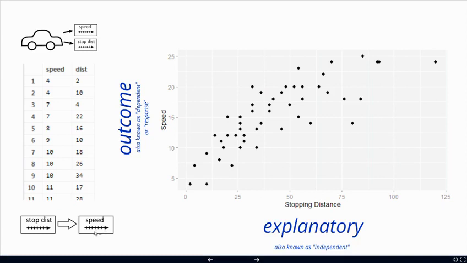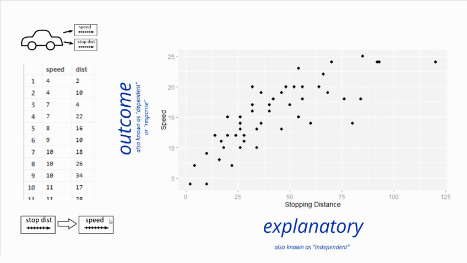Because the speed is the outcome of my calculation, it's now my dependent variable, the outcome variable. So just because the stopping distance doesn't cause the speed to be higher doesn't mean that you can't use it as an outcome in your graph. It depends on what you're trying to achieve. If I had the information about stopping distance, I could try to figure out the speed from it. Still the same relationship though, just upside down.